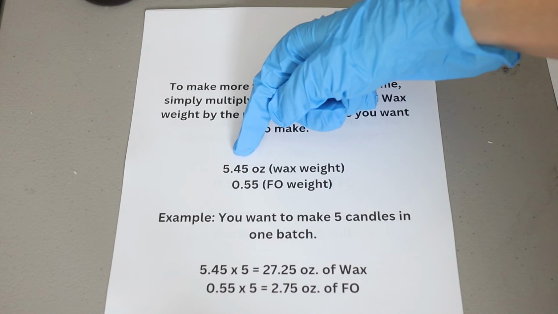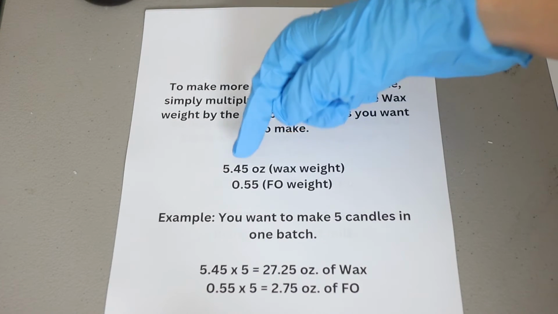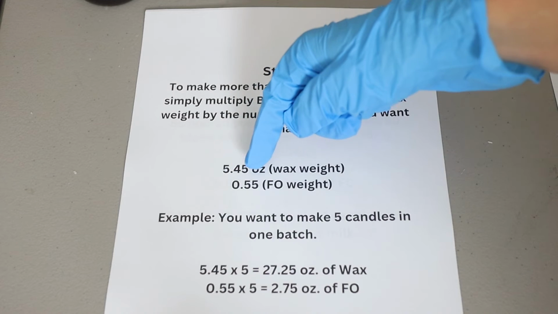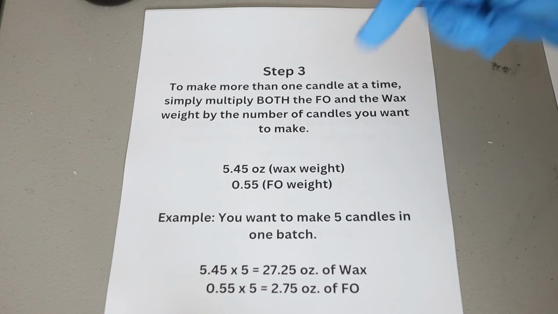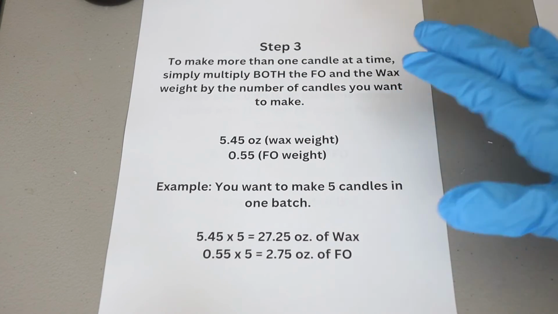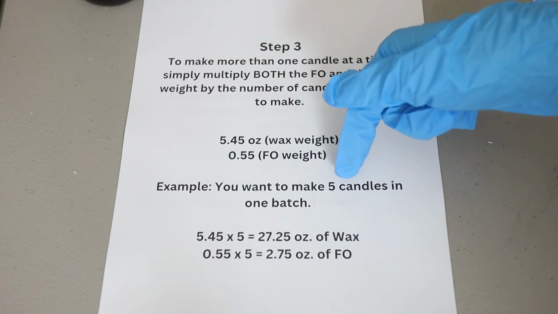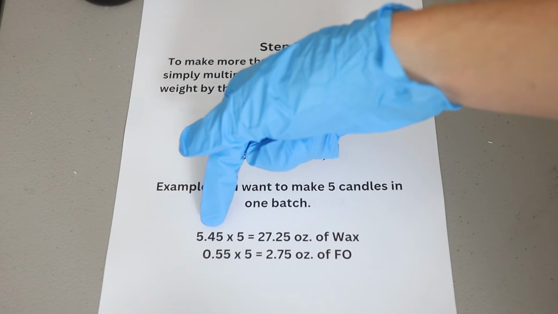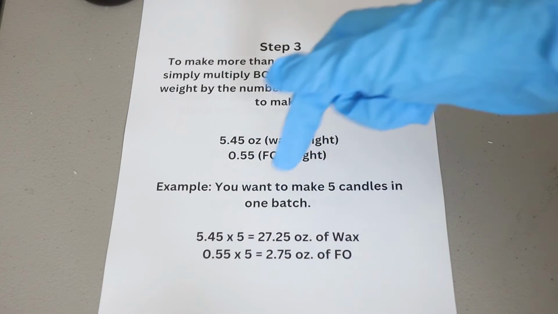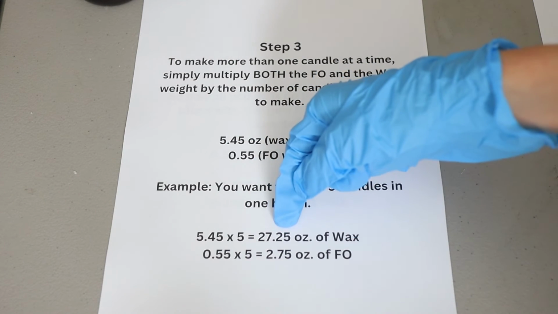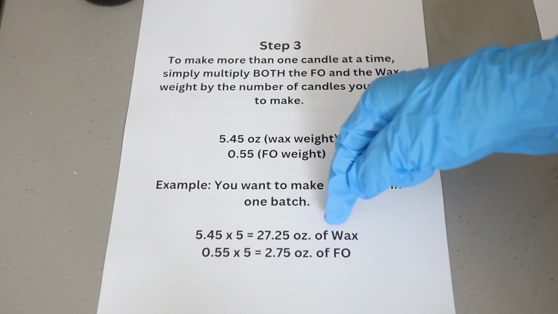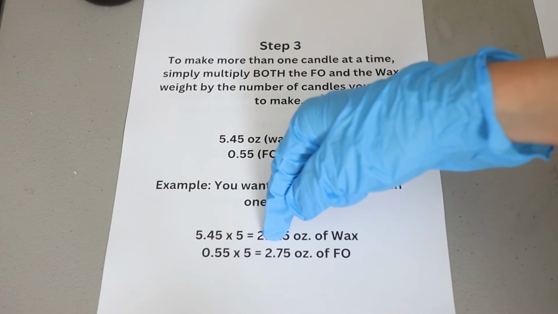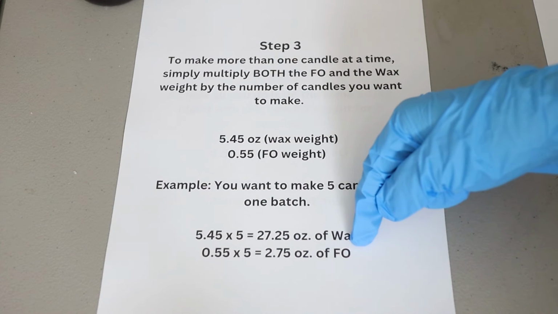So in that same example of 5.45 ounces for the wax weight and 0.55 ounces for the fragrance oil weight to make one candle, you would multiply both of those numbers by however many candles you want to make. So for an example, if you want to make 5 candles in one batch, you would just multiply both of those numbers by 5, and now these are your new numbers. So you would use 27.25 ounces of wax and 2.75 ounces of fragrance oil.